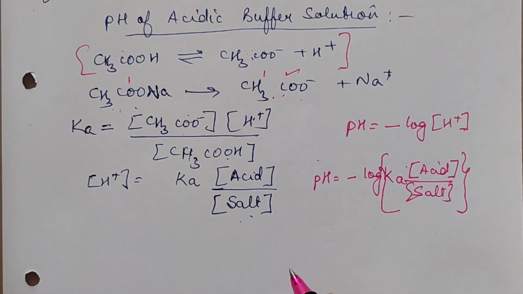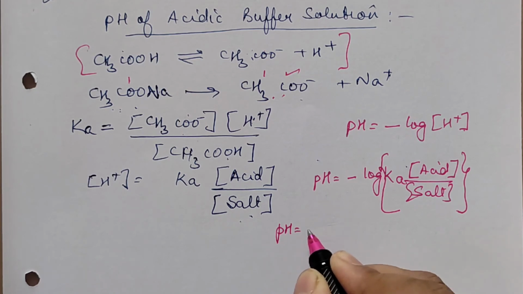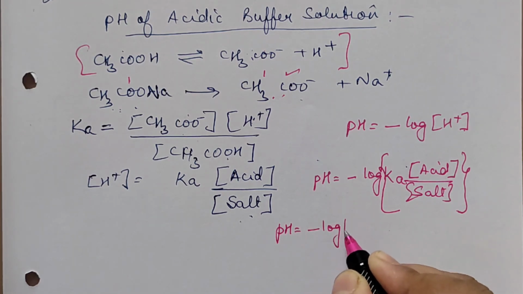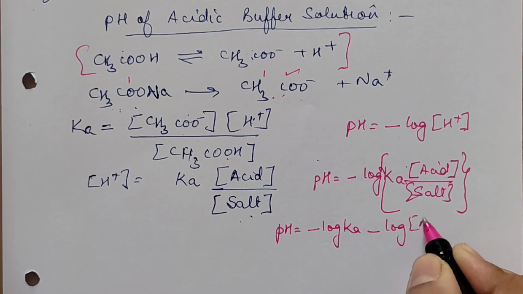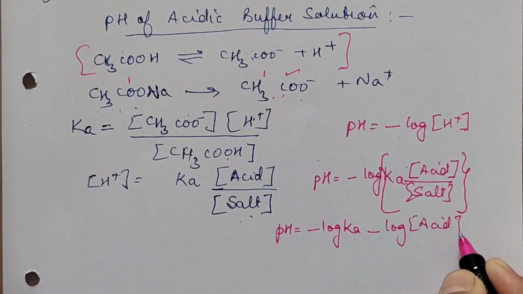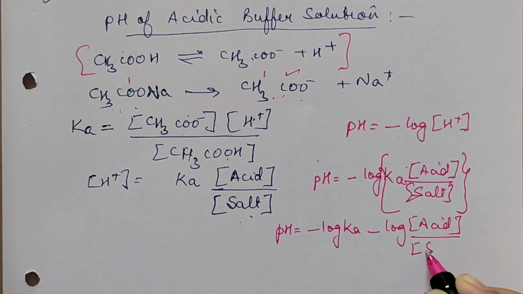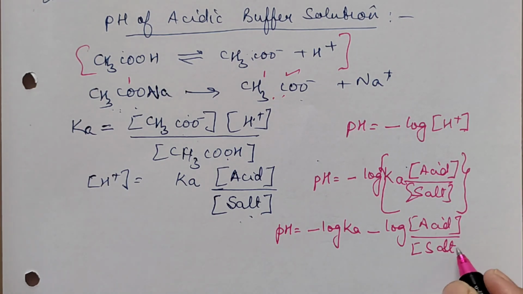Now I will open this bracket. So pH is equal to minus log Ka minus log of concentration of acid divided by concentration of salt. So this is one formula which we got: pH is equal to minus log Ka minus log concentration of acid divided by salt.